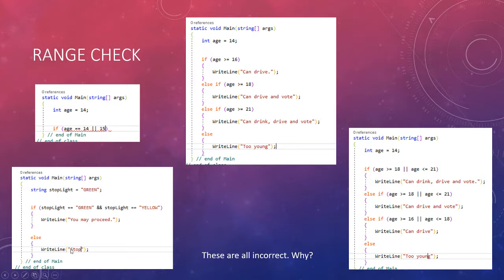What about this one with the stoplight? We've set the stoplight to green. We say if the stoplight equals green and the stoplight equals yellow, you may proceed, otherwise stop. Now, with the way this program is set up for our green light, it's going to say stop. Why is that?